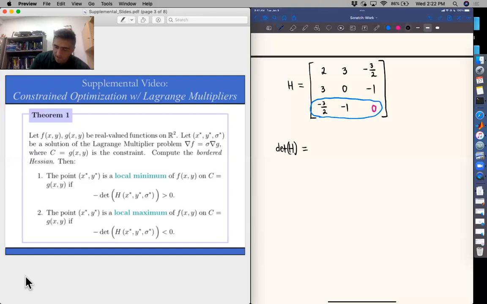All right, so the determinant of H, first we have that -3/2 times that submatrix. So we'll take -3/2 times that determinant. Next, we have a minus coming from the every-other plus-minus scheme for taking determinants, times that -1, which is just that term in the second entry of the last row, times the determinant of the matrix that's left over, the matrix including those two terms and those two terms.